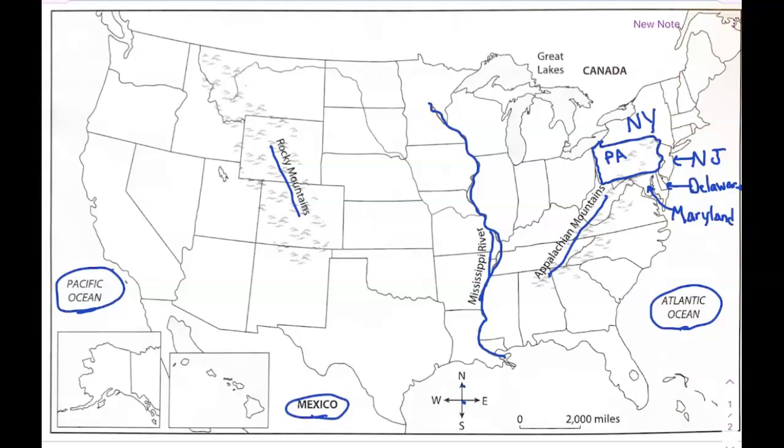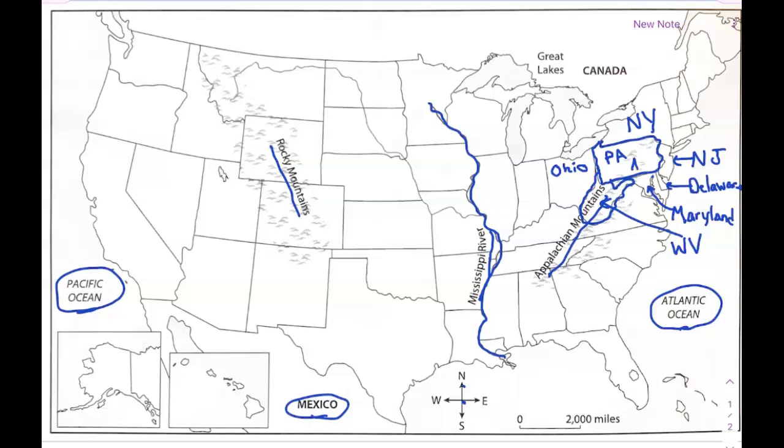And Maryland is kind of cut into two because there's a bay there. We have Ohio to the west of us. And then this guy right here, this has kind of a hook on it. That is West Virginia. So we have 5 states that border Pennsylvania.